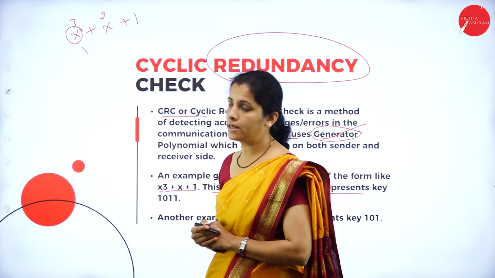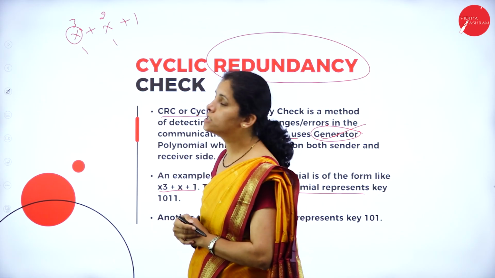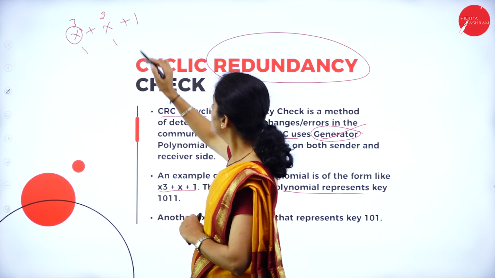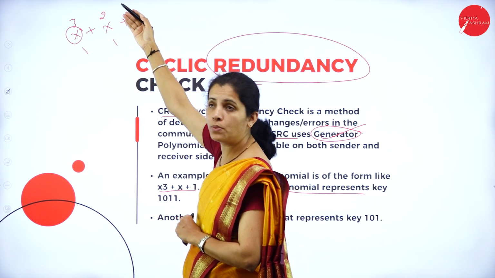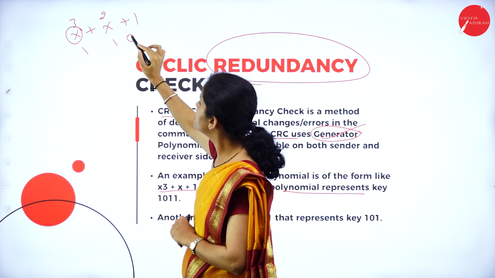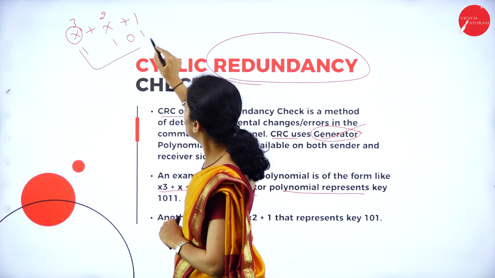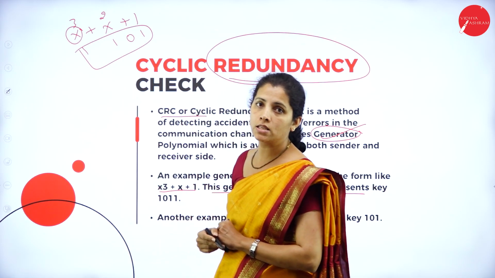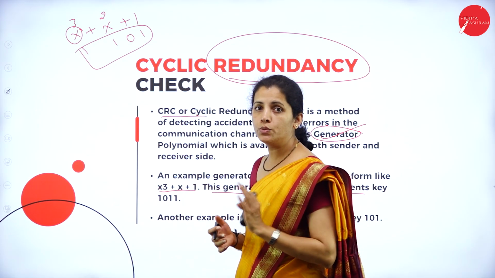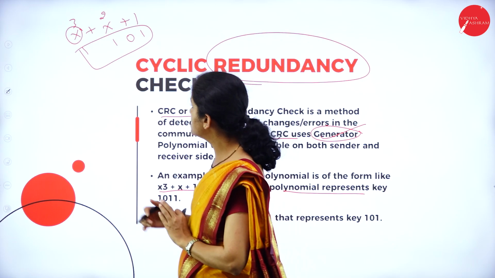So 1 I'll write. And x2 is 1, but I don't have any x1 term. So I'll write 0 and I'll write 1 as it is. Now what is the key value? It is 1101.